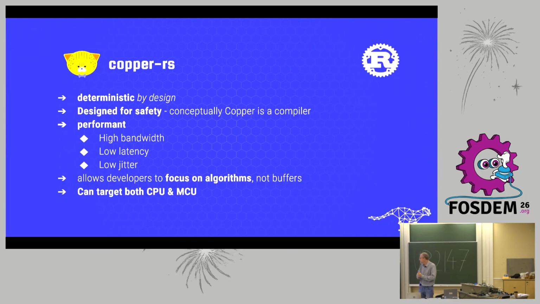So it's also designed for safety. Conceptually, Copper is a lot of things. One, it's a compiler. Copper extends the Rust compiler with macros to create your runtime. We don't depend on anything, so much so that you could say Copper is an actual operating system.